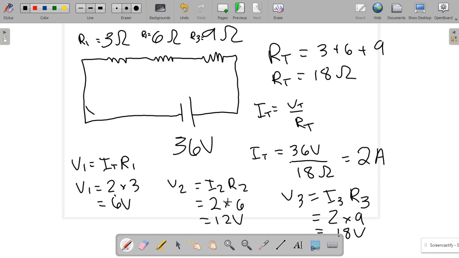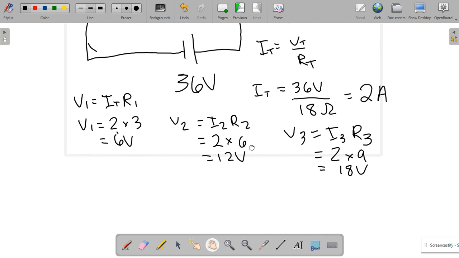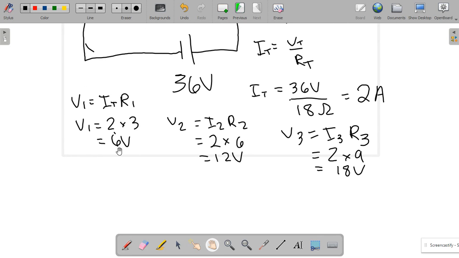Now what's interesting here, and what conclusions you can learn from this is, if we add up these 3 voltages, 6 plus 12 is 18, plus another 18 is 36. So in a series circuit, the total voltage is equal to the sum of all of the individual voltages.